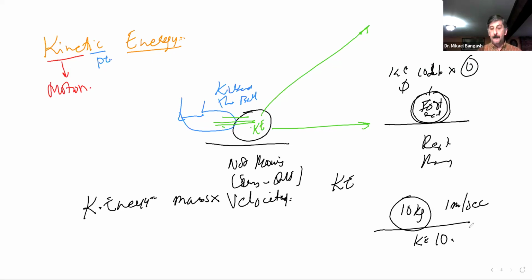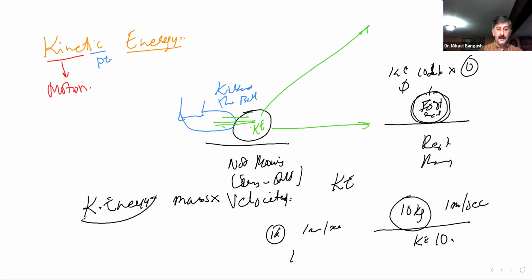But if it was a lighter object, let's say just 1 kg, and you still want to move it at the same speed, you might just need 1 kilojoule or something like that. Did you guys get that?